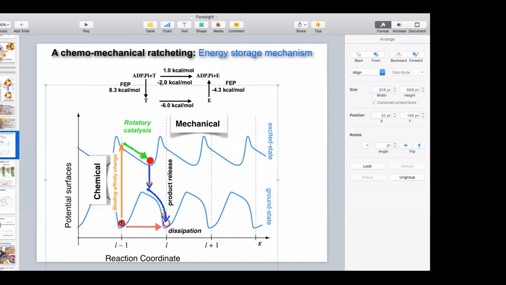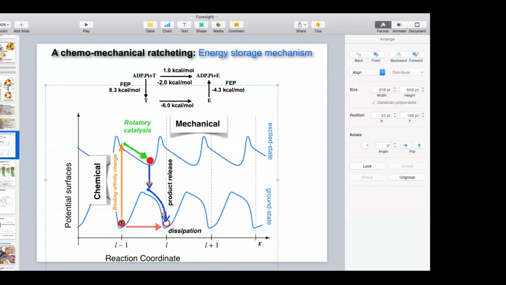But Arya, the thing that we learn from looking, for example, at Arya's 2D model of the F0F1 ATP synthase is that the underlying dynamics is that of diffusion. It is simply diffusion on a two-dimensional energy surface.